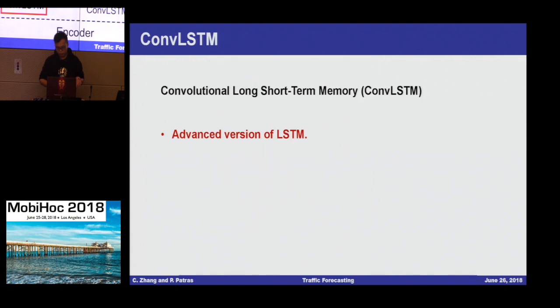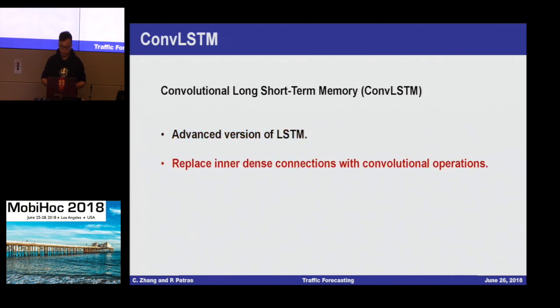First we will look at the ConvLSTM. I'm not going to give you too much detail on this model because it's very complex. The high-level idea is that it's an advanced version of LSTM, which is quite good at modeling spatial data.